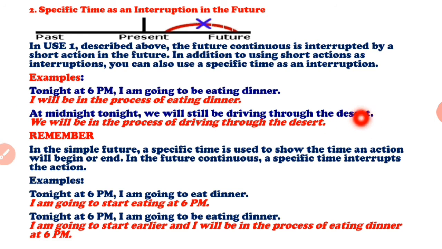It means if there is an interpretation or explanation of this tense, this point can interrupt the statement of the action. We will be in the process of driving through the desert.